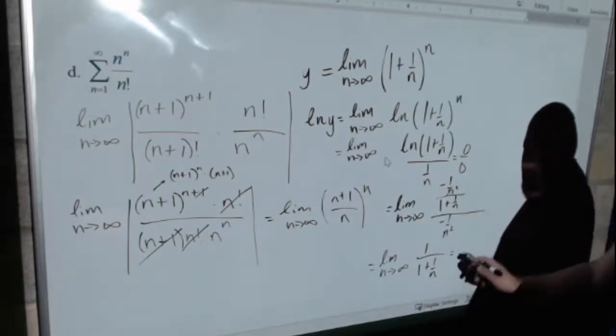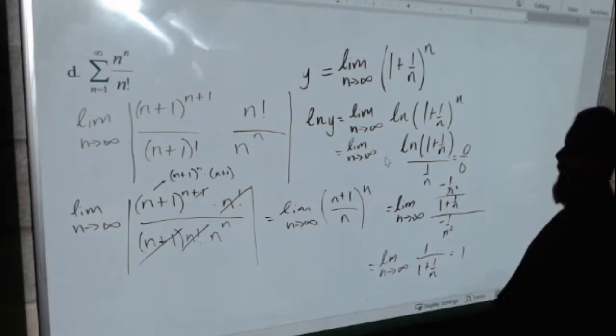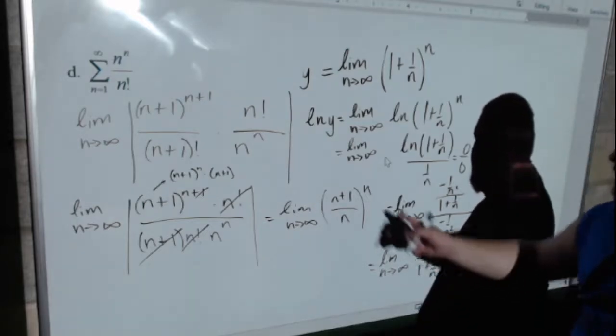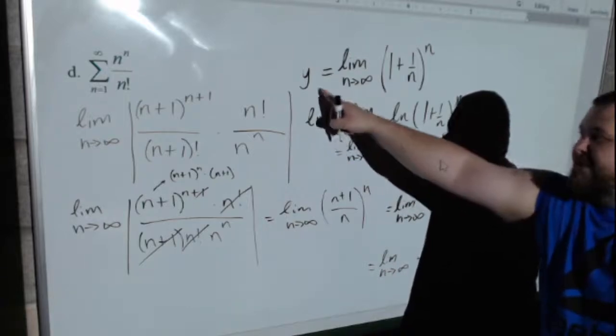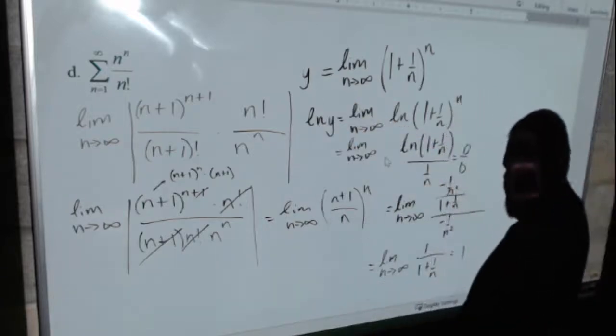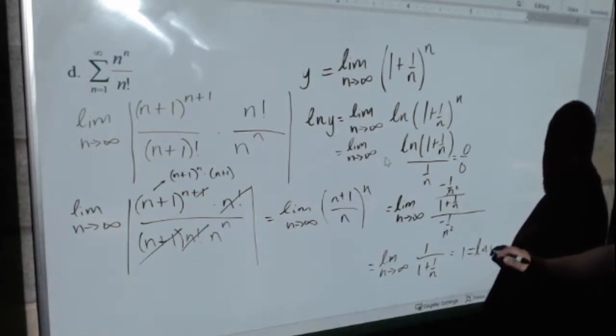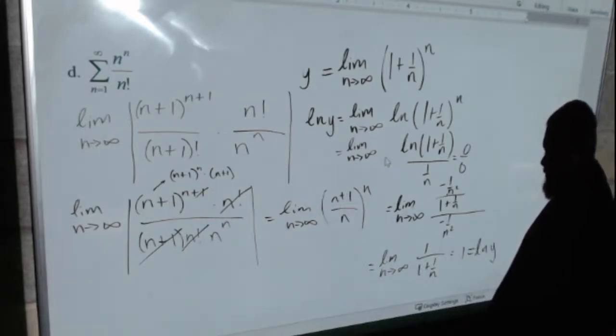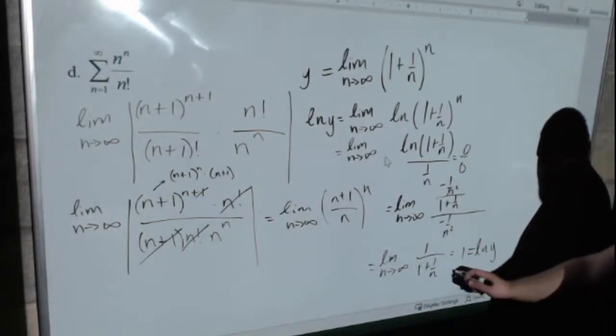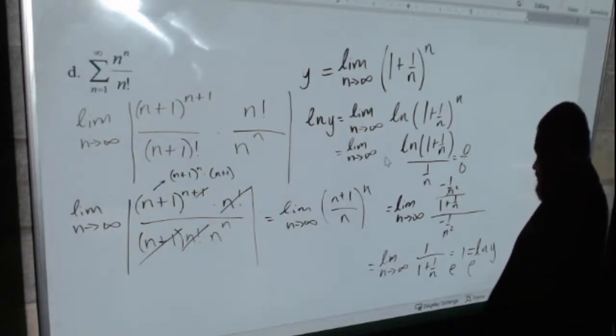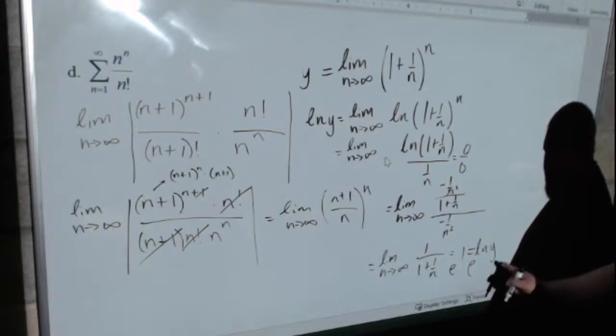Plug in infinity, get 1. But remember, this equals natural log of the thing that we wanted. So if that's natural log y, we've got to take e of both sides. And so y equals e.